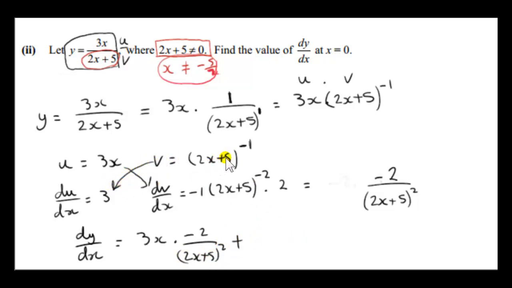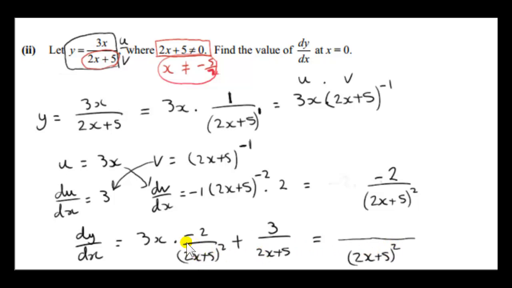Now I'll write 2x plus 5 to the power minus 1 as 1 over 2x plus 5 to the power of plus 1, or just 1 over 2x plus 5. And that's multiplied by 3. Well, if it's multiplied by 3, multiply 3 by the 1 on top to give 3. And we get a common denominator of 2x plus 5 squared. Okay, both denominators go into this.